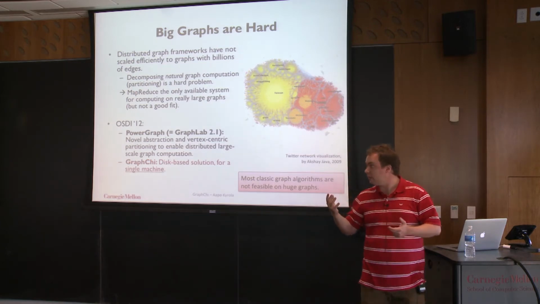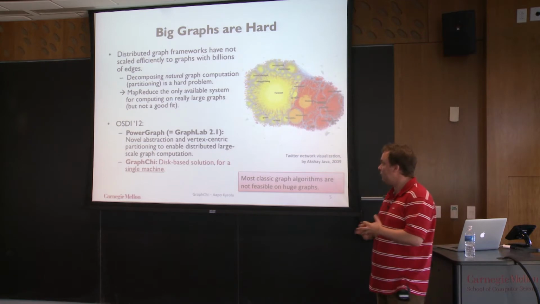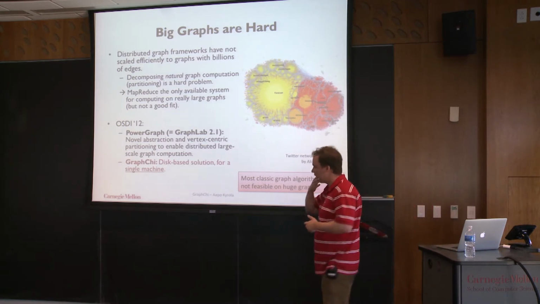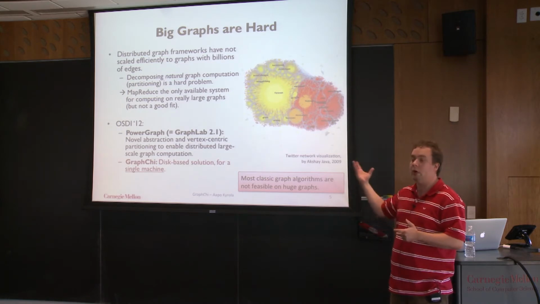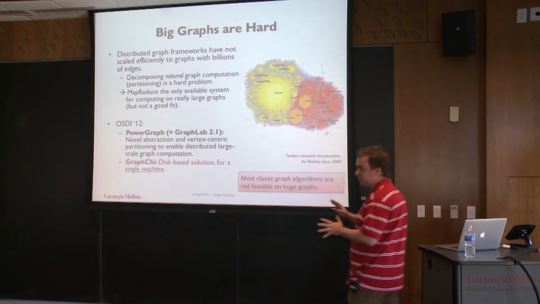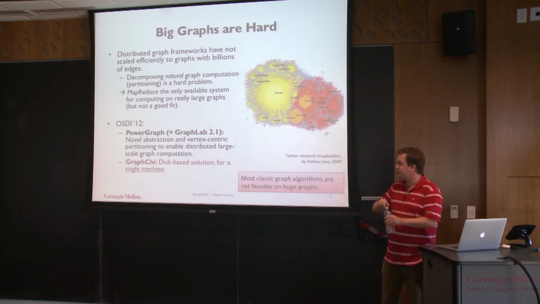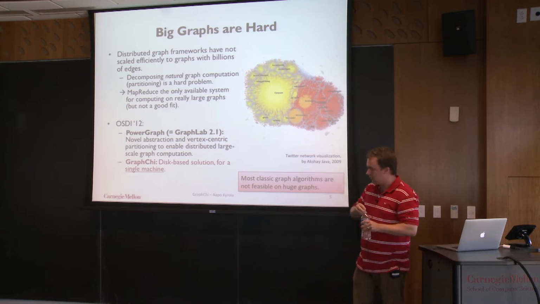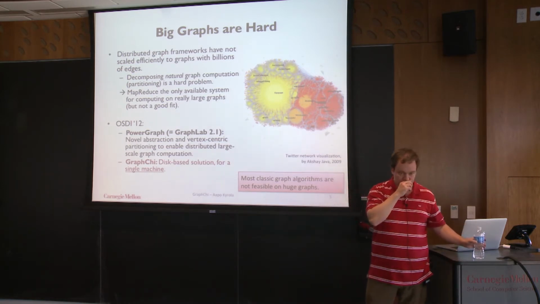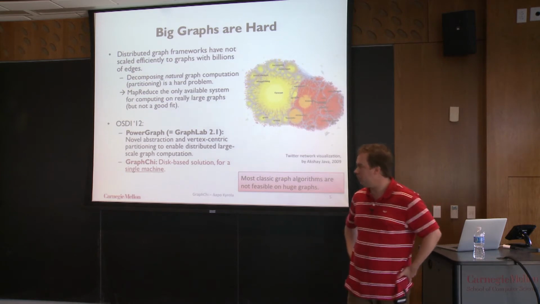Because of that, since no available graph computation system has been really able to tackle these big graphs, people have been forced to use MapReduce or Hadoop, which is definitely not a good fit for graphs, but they haven't had a choice. Now at OSDI 2012, which is next week, our GraphLab team has 2 solutions for this problem.